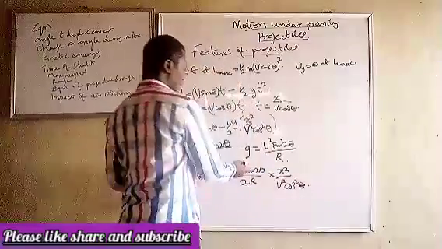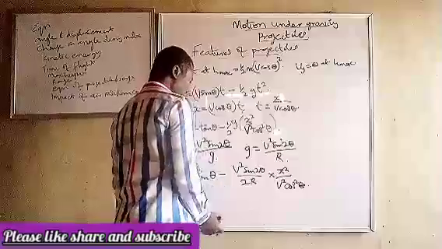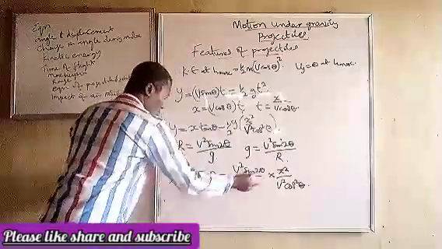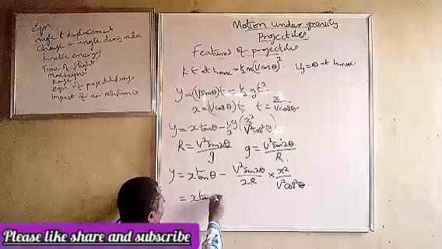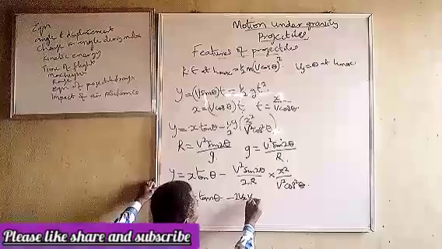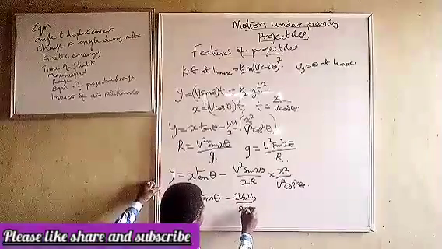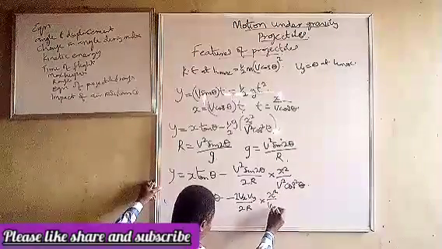I can express this in terms of vx, vy to make it easy for me, just like we have done. So if you look at this, just for fun, we make it like this: 2 vx vy over 2r times x squared over vx squared.